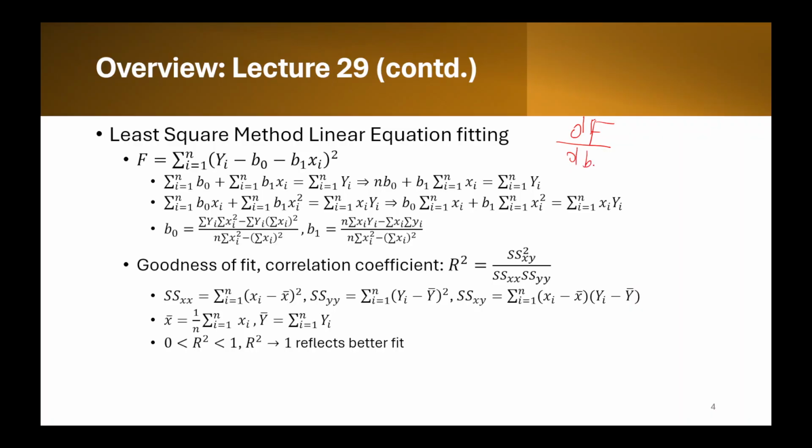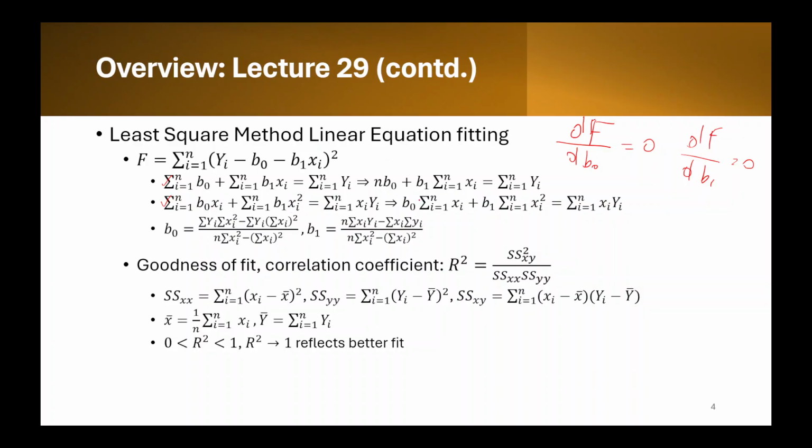Because at minima, df by db0 should be equal to 0, and df by db1 should also be 0. If we apply this to this function, we get these two equations.